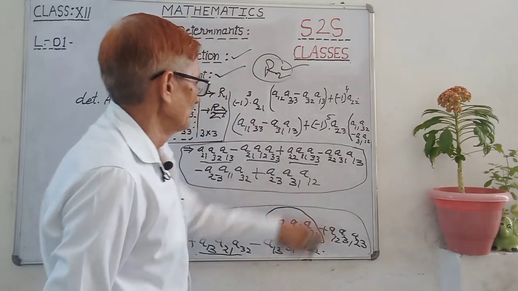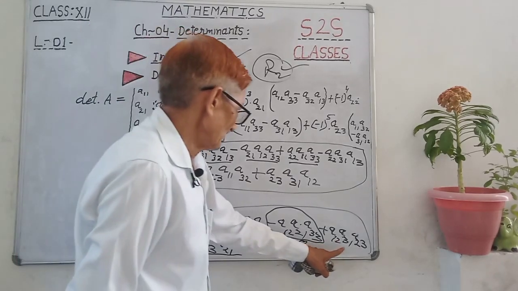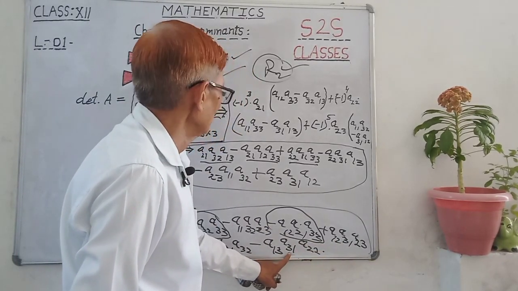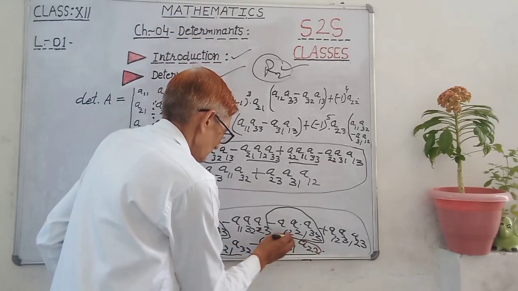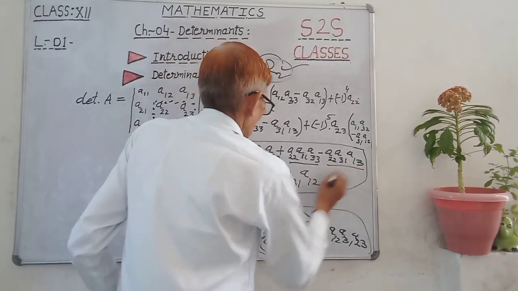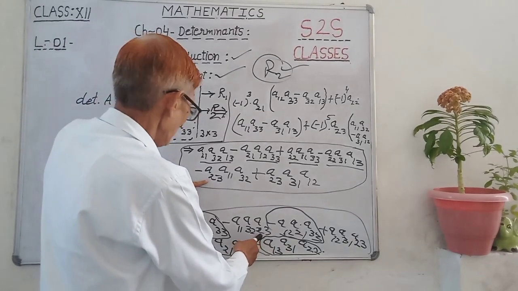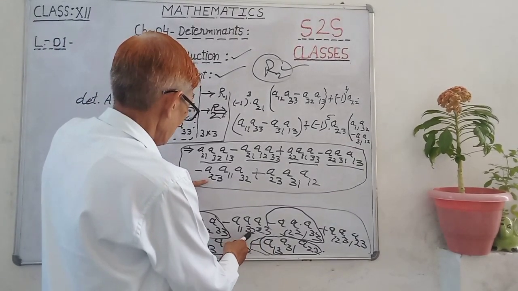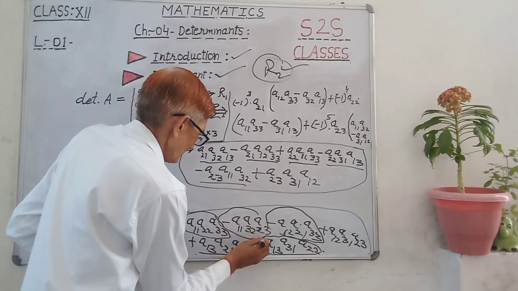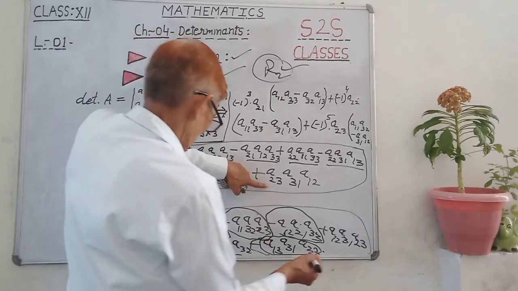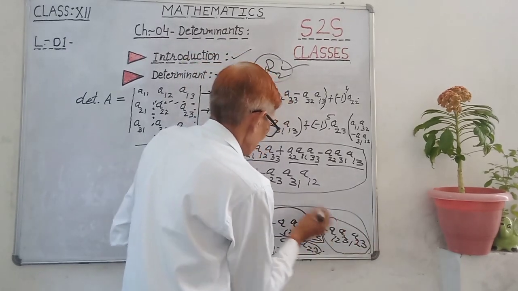After that negative A22 A31 A13, negative, yes, done. After that A23 A11 A32, this product, negative, same. Okay, last A23 A31 A12, check, this is the same.